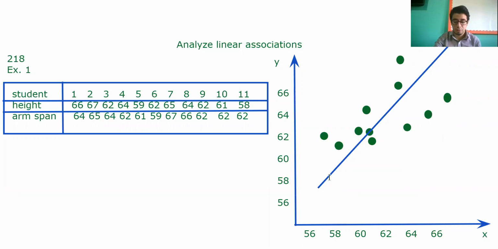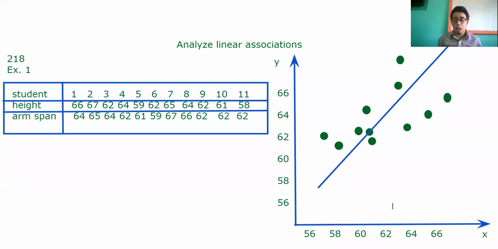You start for y in here, and you are increasing, and you have values at the top of the graph. So if you increase x, you are increasing y. This is a positive association. So Georgia can draw a trend line on the scatter plot to determine that there is a positive relationship between the height and arm span.